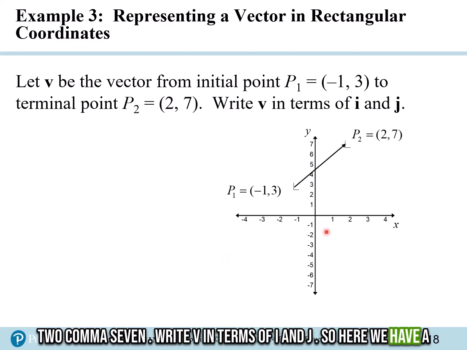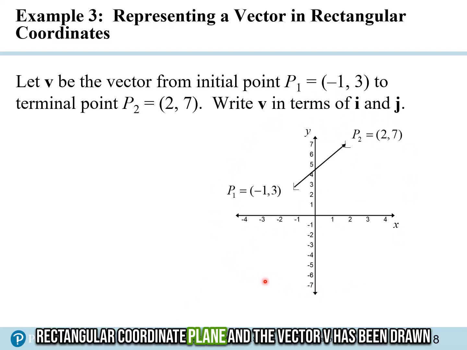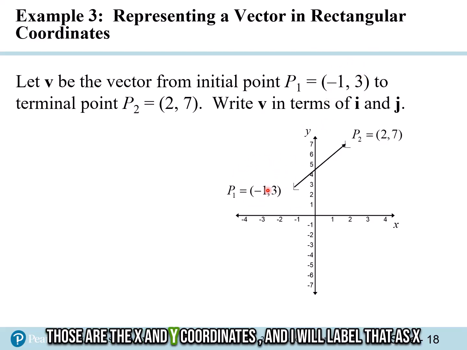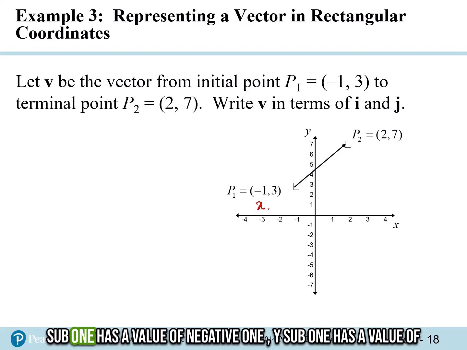So here we have a rectangular coordinate plane, and the vector v has been drawn here. It has its initial point as (-1, 3). Those are the x and y coordinates, and I will label that as x sub 1 has a value of -1, y sub 1 has a value of 3.